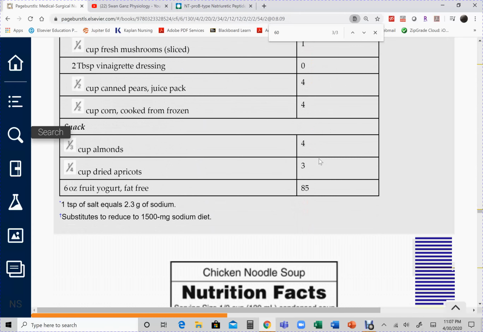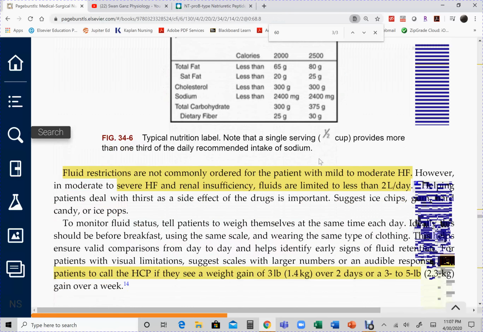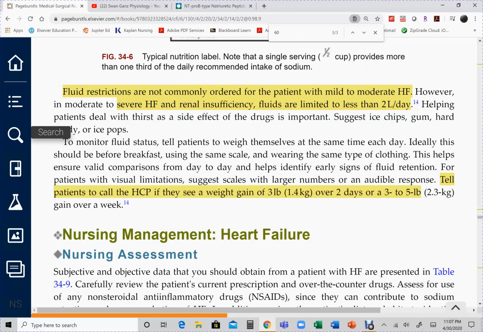Alright, and teach them to read labels if they buy anything canned or frozen. They're also advised not to go out to eat so much. With home cooked meals you can control the sodium content better.